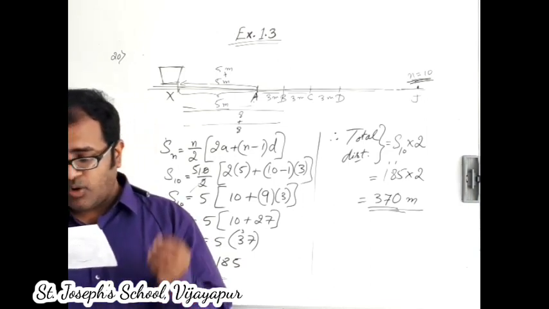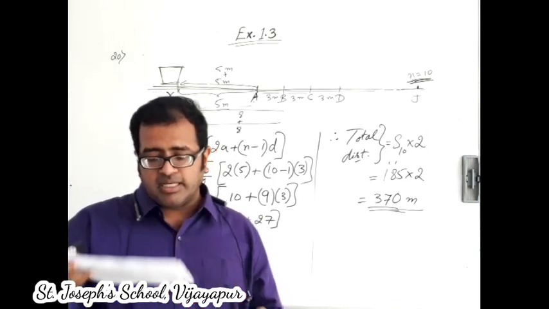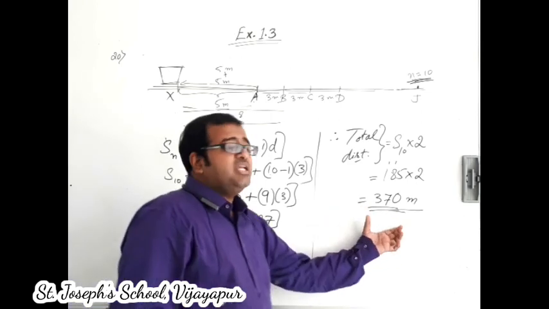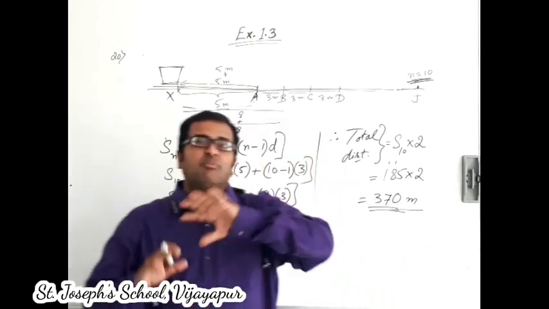They have asked a simple question: what is the total distance the competitor has to run? The competitor has to run 370 meters in total to complete the race.